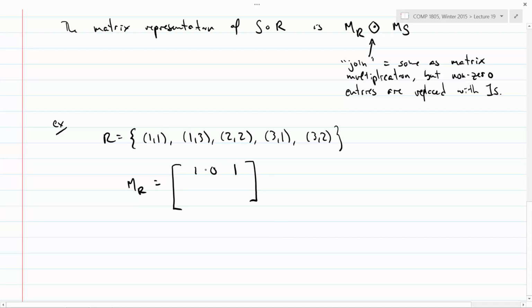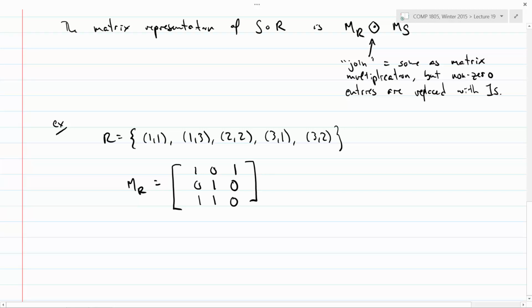What does the second row look like? 0, 1, 0, because I have 2, 2, but I don't have 2, 1 or 2, 3. And then what does the last row look like? 1, 1, 0.